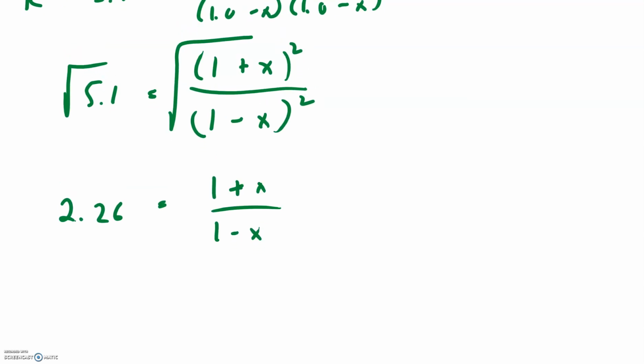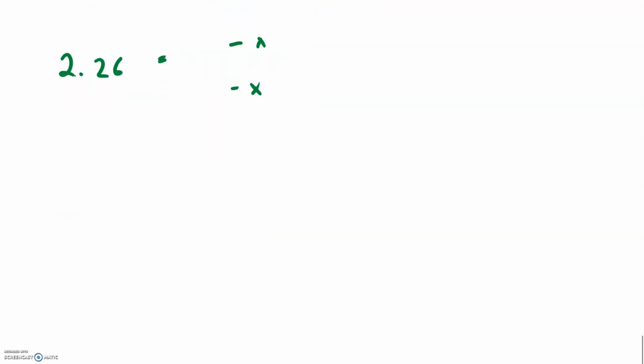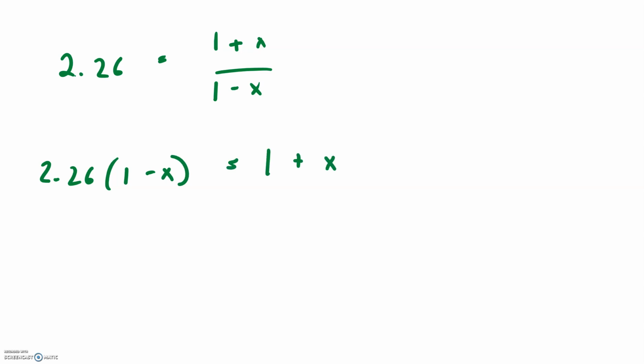We're going to multiply both sides by 1 minus x. So now we have 2.26 times 1 minus x equals 1 plus x.